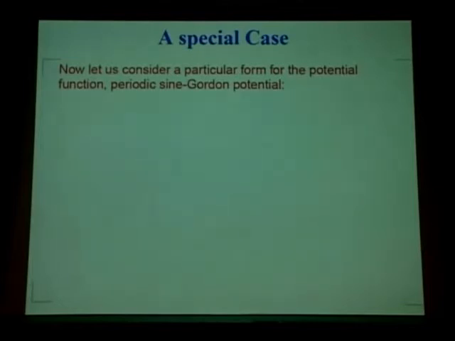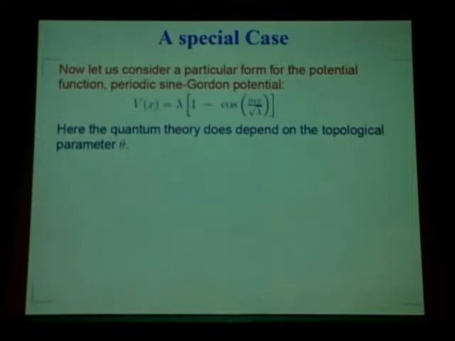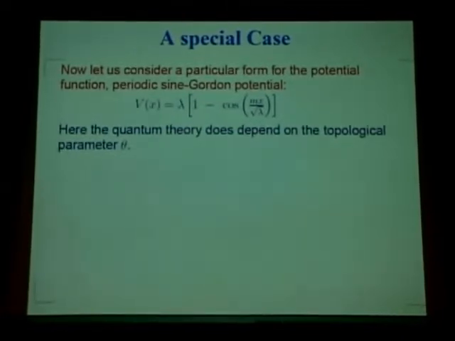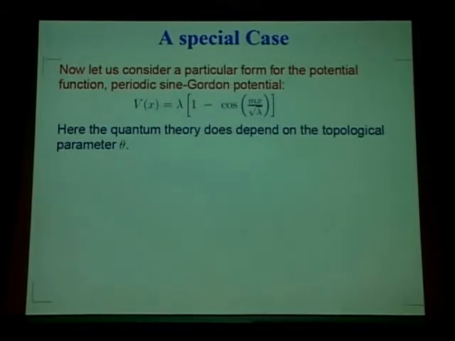So now let's go to the potential that we introduced for this mechanical model, the periodic sine-Gordon potential. V(x) is the coupling constant lambda times (1 minus cosine of mx root lambda). In this case, the quantum theory does indeed depend upon the topological parameter theta that we introduced.